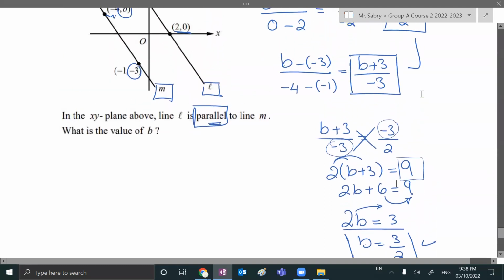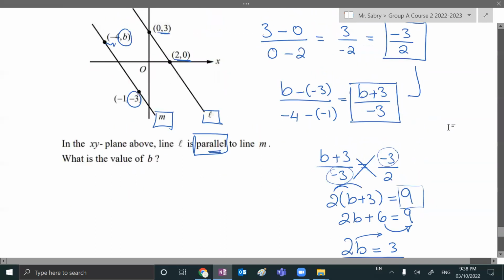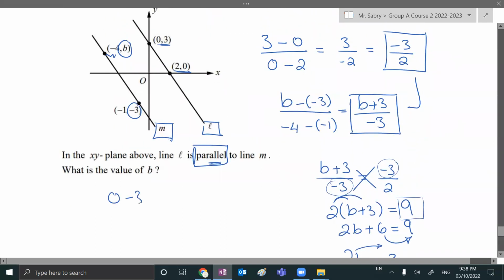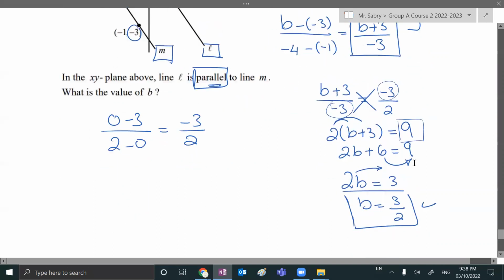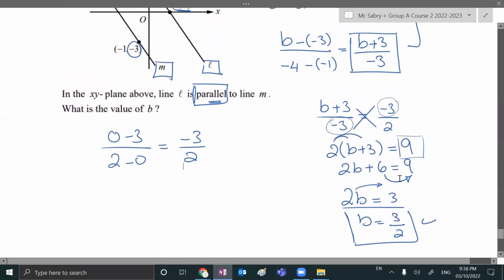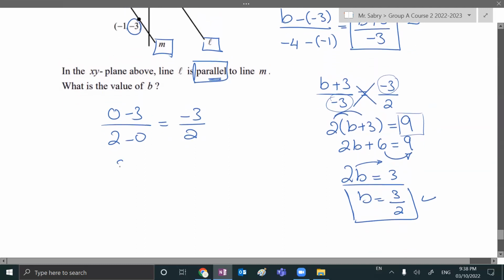No. Okay, so you decided to go 0 minus 3 over 2 minus 0, which will give you also negative 3 over 2. Yes. So the same steps after that exactly. But when you came to the second point you did 3 minus b over negative 1 minus negative 4, right? Yes. So that got you 3 minus b over negative 1 plus 4, which is 3.